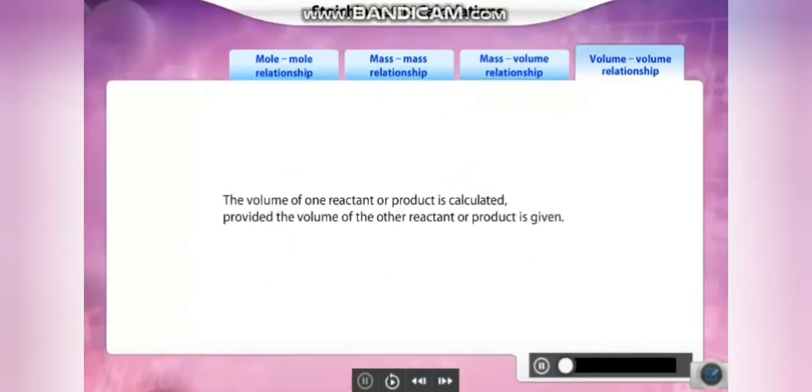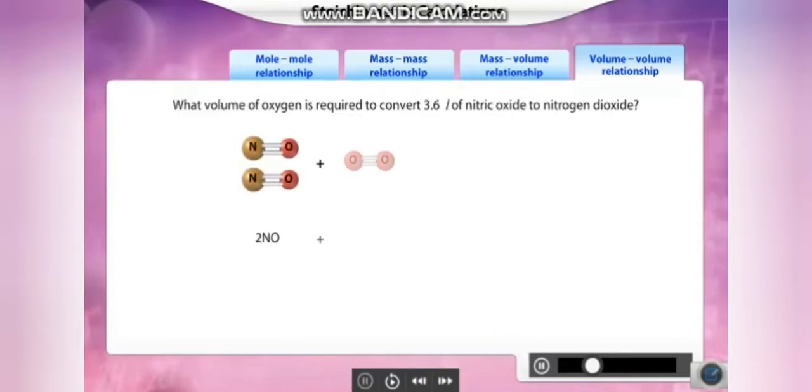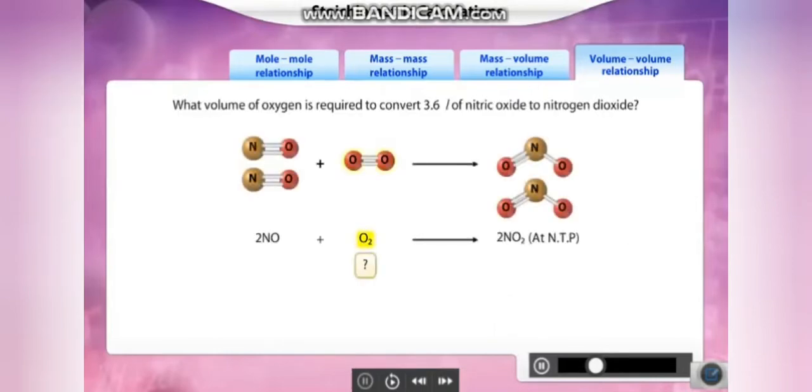In this type, for a chemical reaction, the volume of either one reactant or product is to be calculated provided the volume of the other reactants or products are given. Calculate the volume of oxygen required to convert 3.6 liters of nitric oxide to nitrogen dioxide.